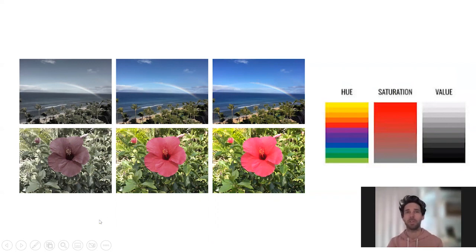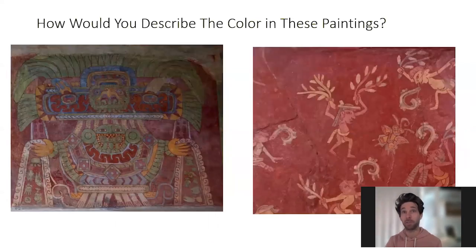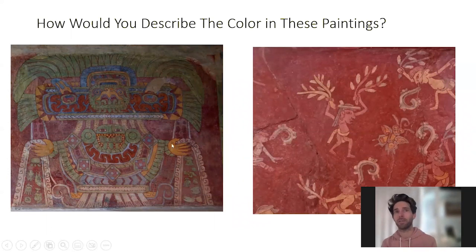It's relational. So if we go back and look at these two paintings from Teotihuacan again, this is a close-up on the right, and this is also a close-up. This pattern is repeated in the corner of a room. On the right, I'd say we have a monochromatic red field that is both flat and infinite at the same time.